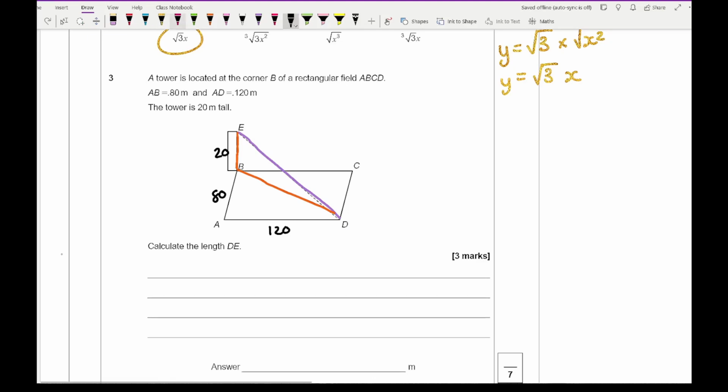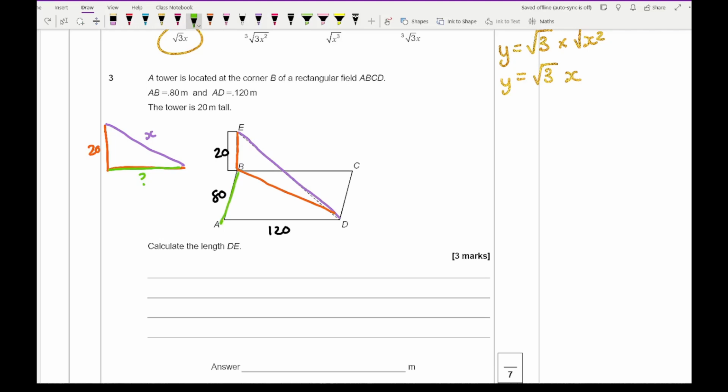So in order to find that purple line, I need to know the two lengths of that triangle. So I know that this is 20. This is what I'm wanting to work out, which I was going to call x. And this line here is the question mark.